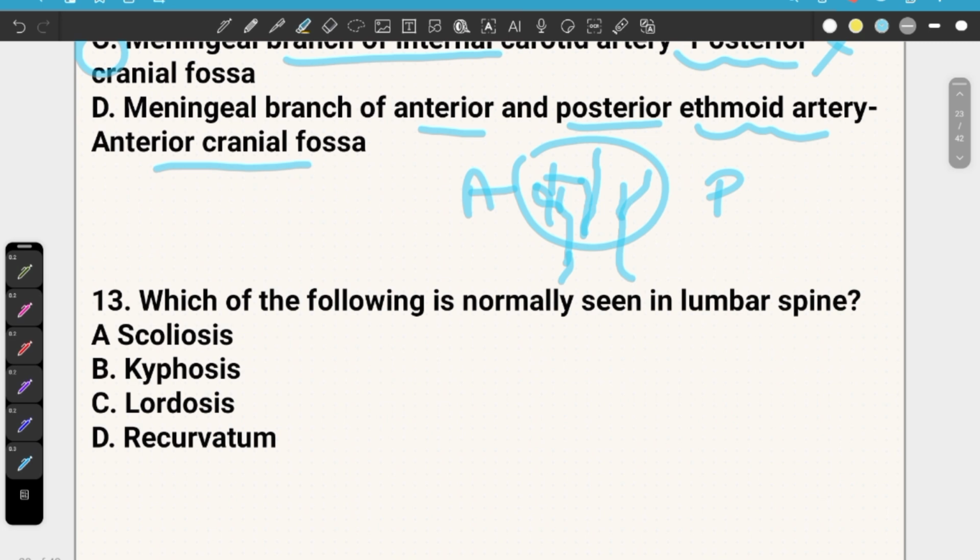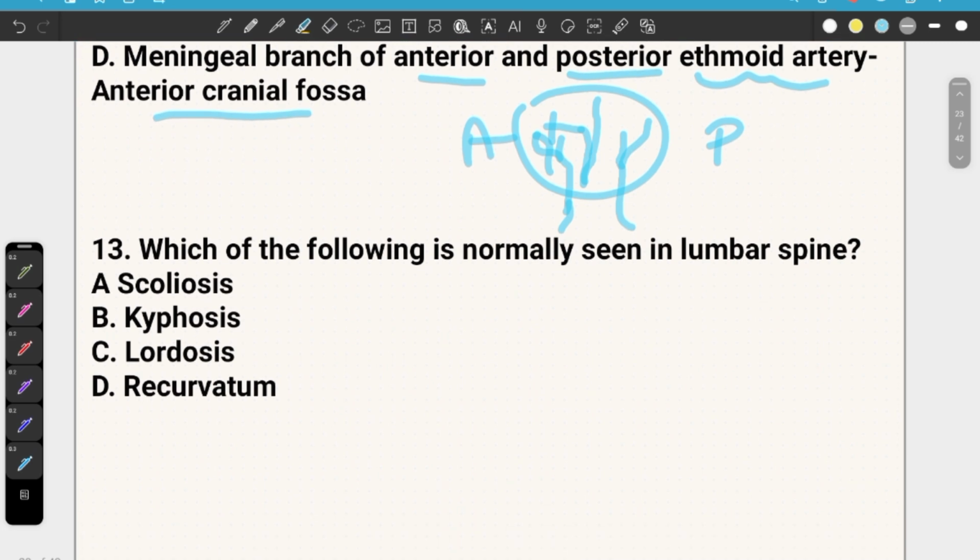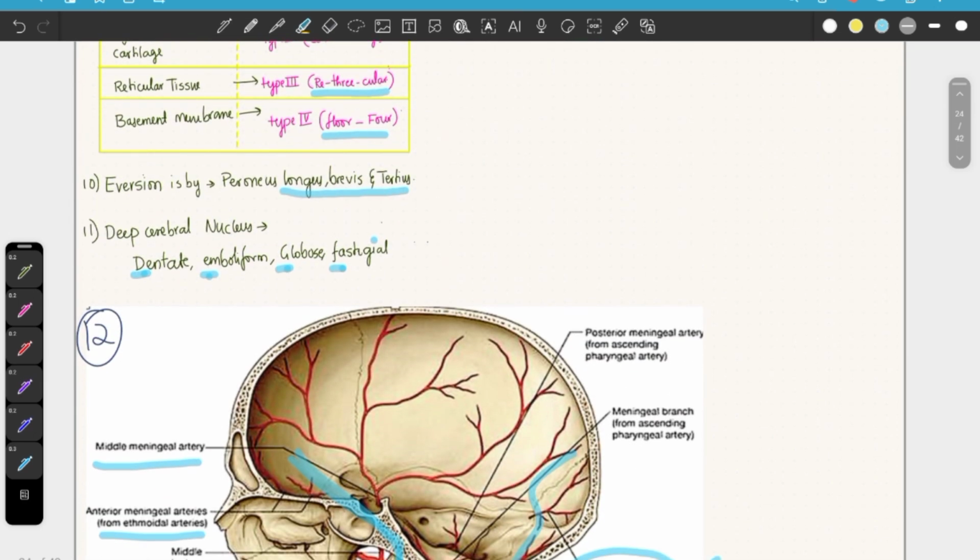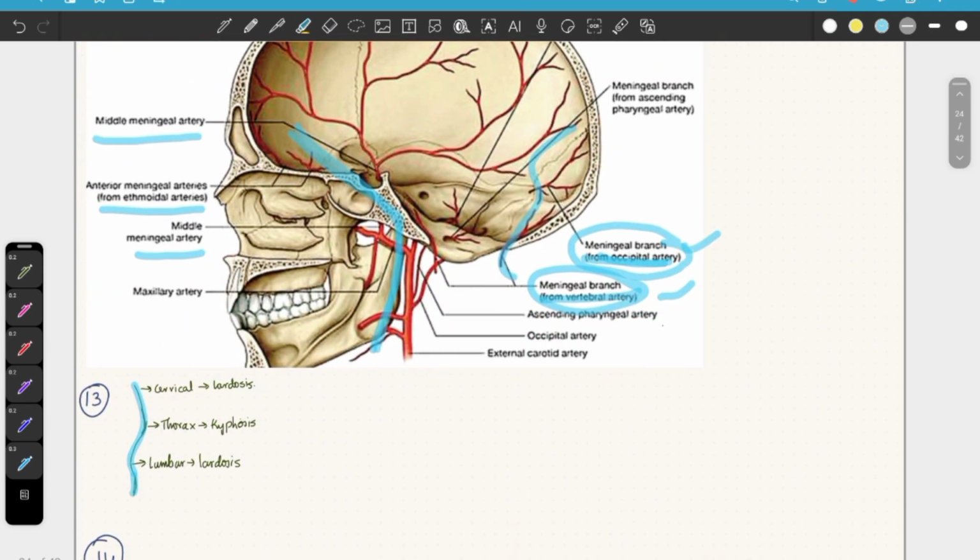Next, the 13th one. Which of the following is normally seen in the lumbar spine? Lumbar, L for L. It is lordosis. Let me tell again.